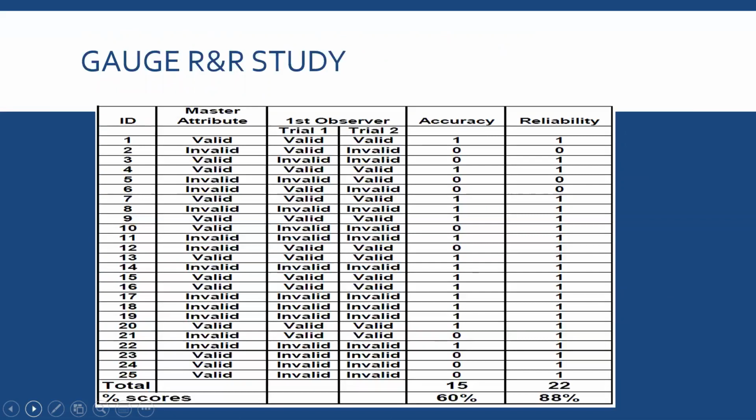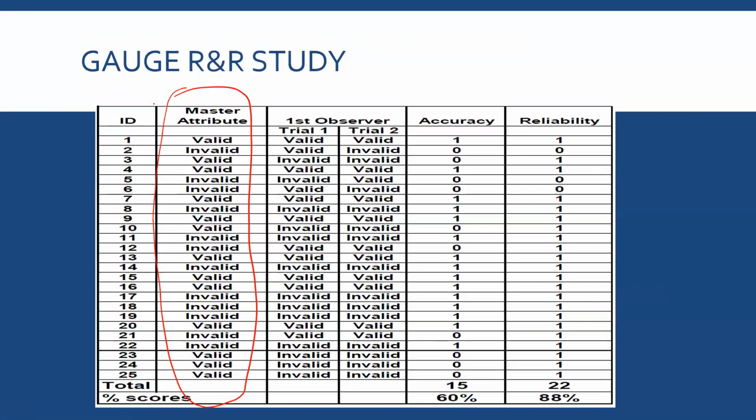In this gauge R&R study, we have a first operator. We asked them to take a measurement for 25 parts, and we know which one is valid and which one is invalid, which has a defect and which does not. This is the master attribute.